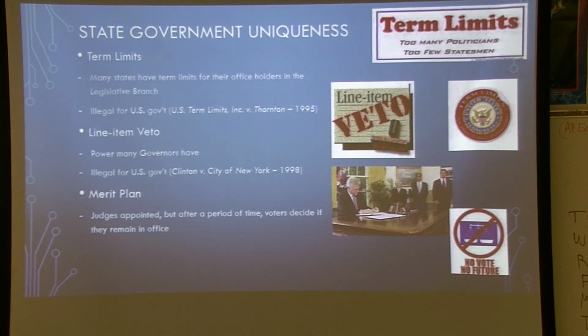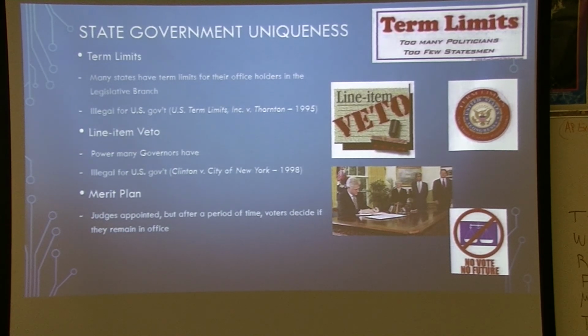The merit plan is something we will have a little bit more of in the future. Sometimes it's called the Missouri plan. When we had the Judicial Branch, if you are a federal judge or a Supreme Court justice, it is a life term. You don't truly vote in states that have the merit plan or the Missouri plan, but it does give some power to the people.